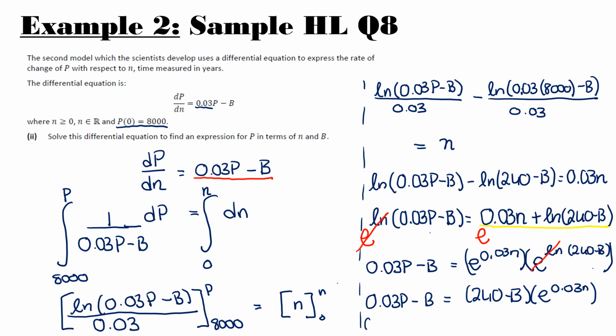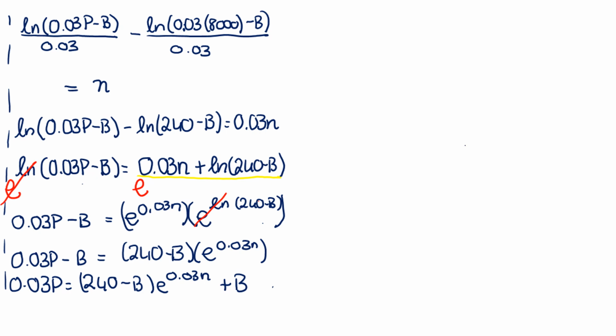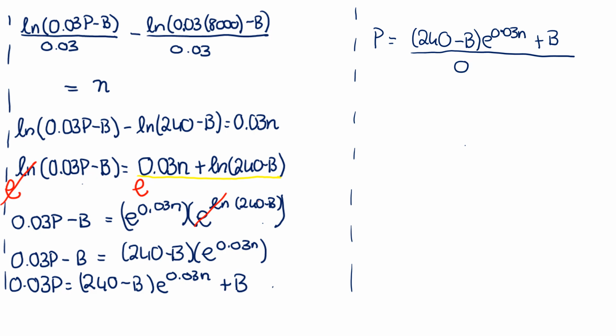We're going to bring our b across. So p equals (240 minus b) e to the power of 0.03n, add b, and then our last step is to multiply that by 0.03p. So just giving us a little bit more space here to work to get p on its own, I'm going to bring across the 0.03, the coefficient, and just put it all over here.